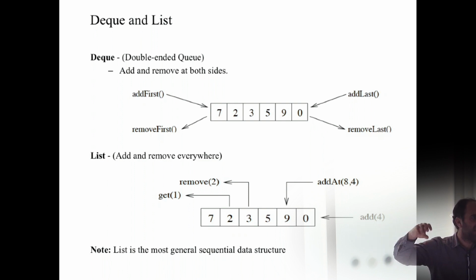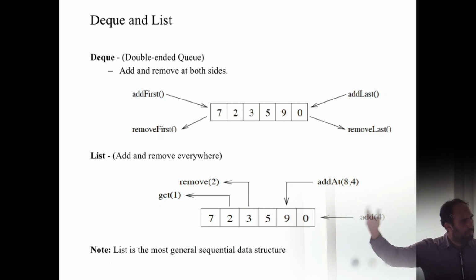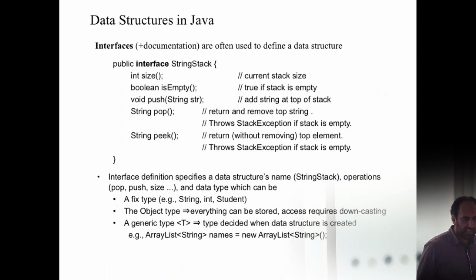We cannot add or get elements from the middle or any specific location. However, in the list, we can get or add an element at whatever location we want. We can add at the front, at the second position, third position, or we can remove from the middle, whatever position we decide arbitrarily. So that's the fundamental difference between the list and the others.